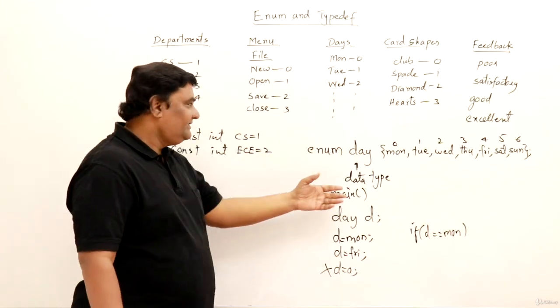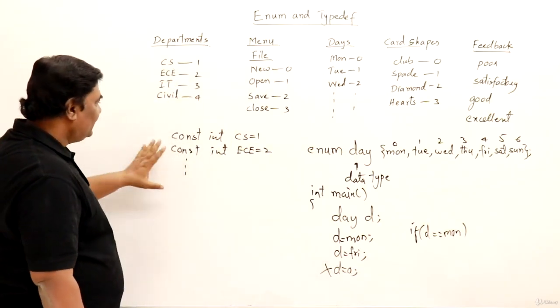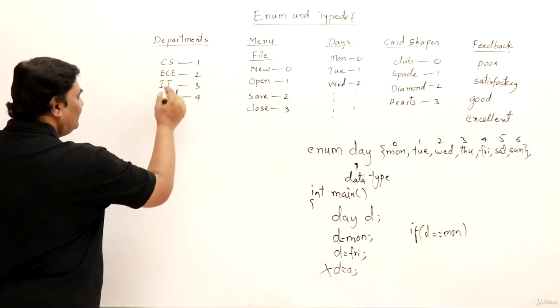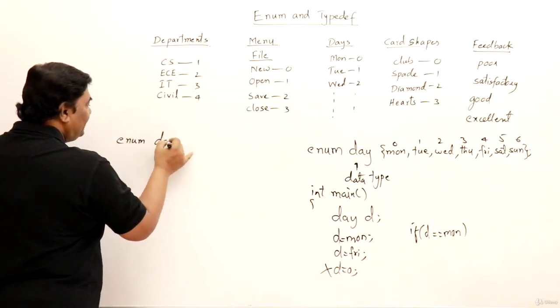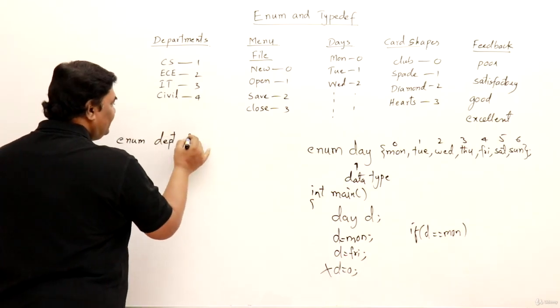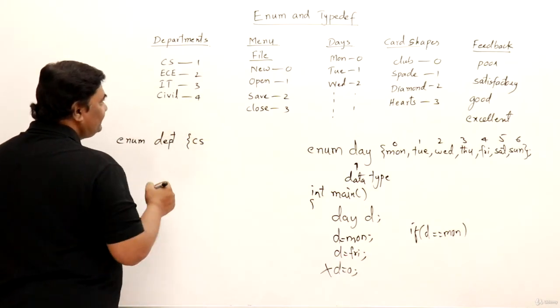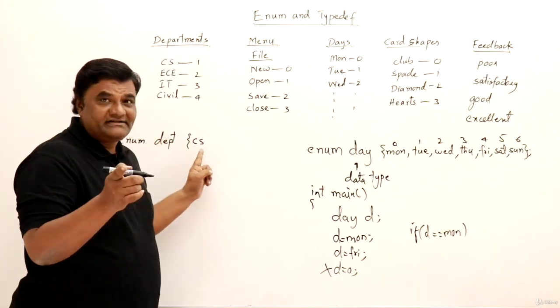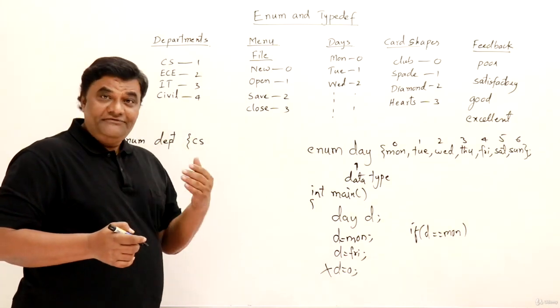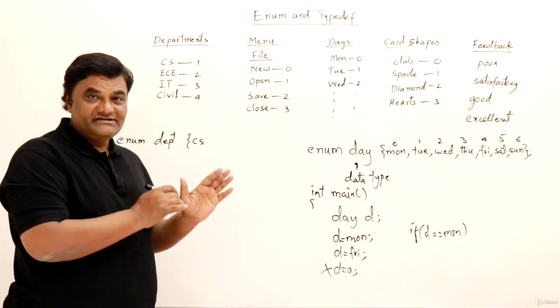Now let us define an enum for this one. I'll remove this and define, let us say, enum for departments, DPT. Now the departments are CS, then ECE. See, if I write CS, by default, as I said, it will start from 0. If you want to change it, you can change the number.